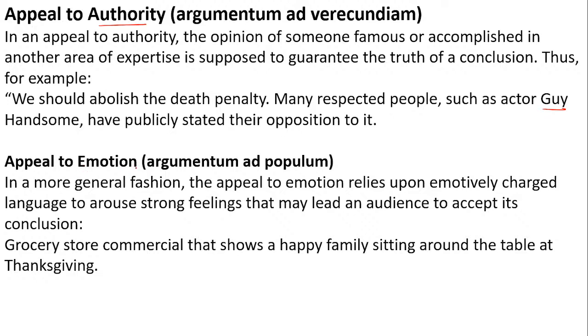Now, appeal to emotion. It is called argumentum ad populum. In a more general fashion, the appeal to emotion relies on emotively charged language to arouse strong feelings that may lead an audience to accept its conclusion. So many times, you might have seen in political rallies also, what politicians do, they use very strong language, they will use harsh words, and they will say things very strongly or loudly and with a lot of emotion.